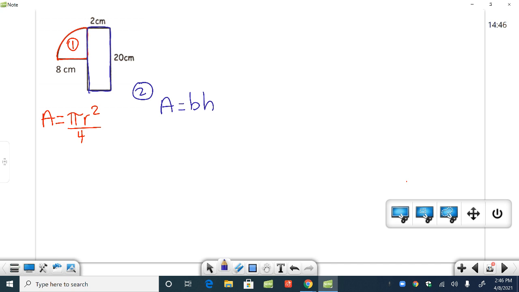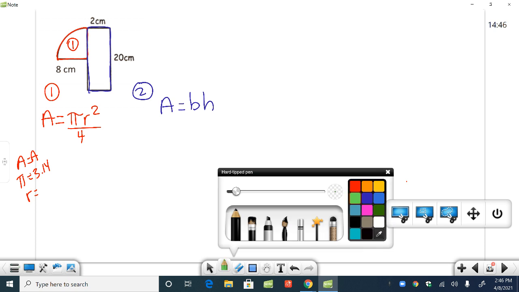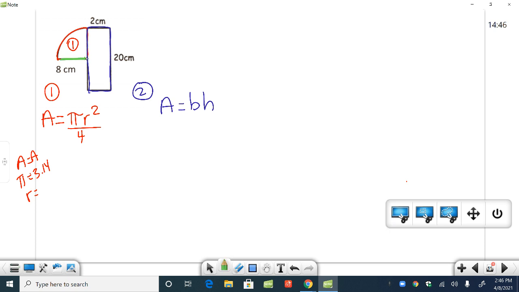All right, so let's go back to shape number 1. I didn't give you the area. You do know that pi is 3.14. You know that the radius is this part of your circle. Because if I were to finish this circle, that circle would have 4 pieces.